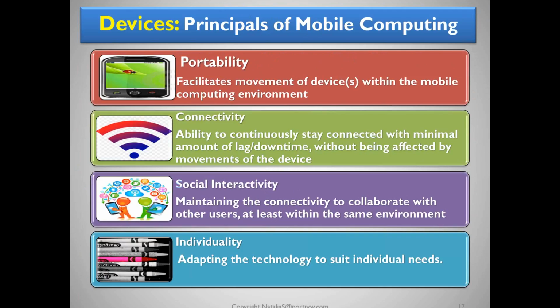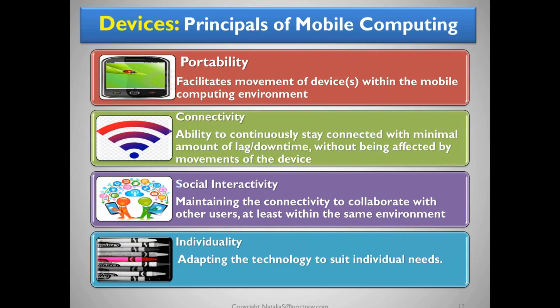Devices and nodes connected within the mobile computing system should facilitate mobility. These devices may have limited device capabilities and limited power supply, but should have an efficient processing capacity and physical portability to operate in a mobile environment. Connectivity. This defines the quality of service, also known as QoS, of the network connectivity.